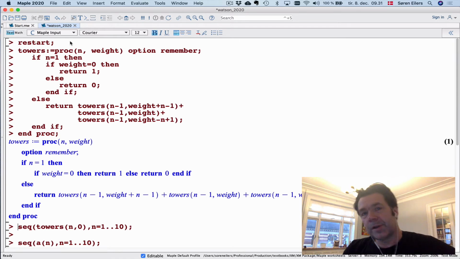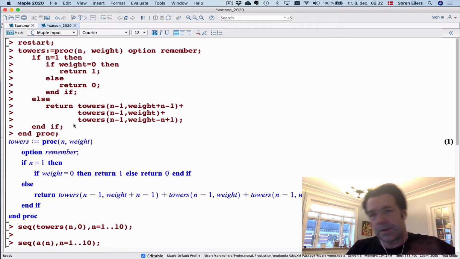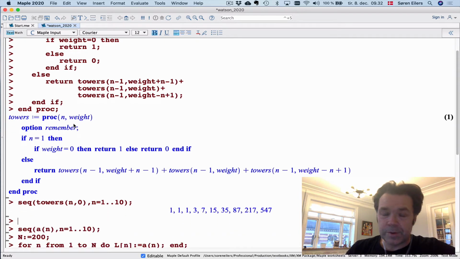And in the book, there's a fairly long discussion about how you can tweak this program and create the optimal setup for creating as many observations as possible, to squeeze as many data points out of this sequence as you can. But for now, let me just naively compute the first number of terms.